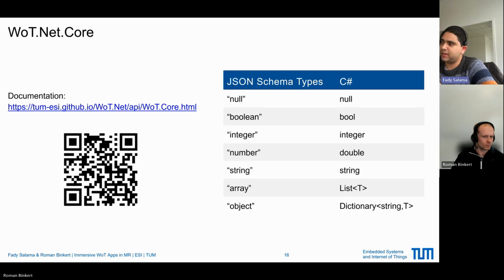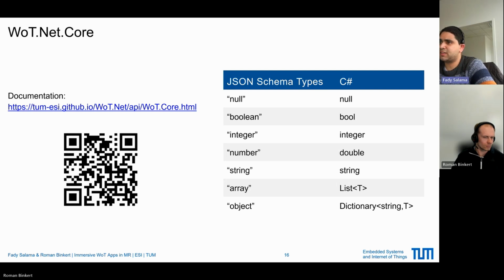It's briefly described here: a null in JSON schema is null in C#, boolean is a bool, integer is an integer, a number is a double, a string is a string, and an array is a list of a certain type. So we cannot have arrays of multiple types as in JSON schema, for example. An object is basically a dictionary with a string and a certain type attached to it.